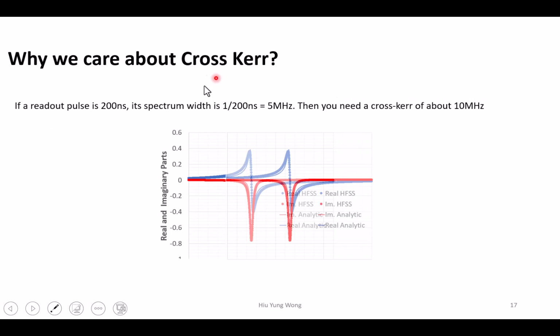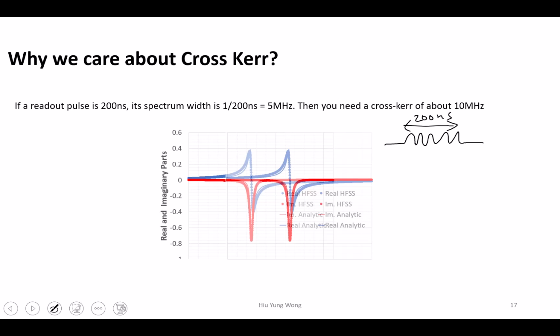So why care about cross-Kerr? Here I want to give you some calculation. If my readout pulse is 200 nanoseconds, what is the spectrum width? 1 divided by 200 nanoseconds is about 5 megahertz. So what I'm saying is this. This is the pulse, 200 nanoseconds.